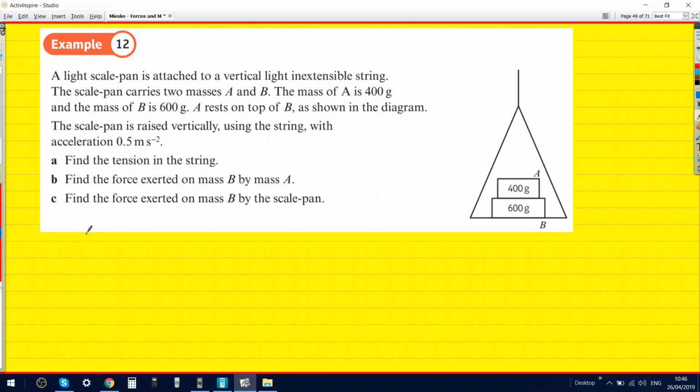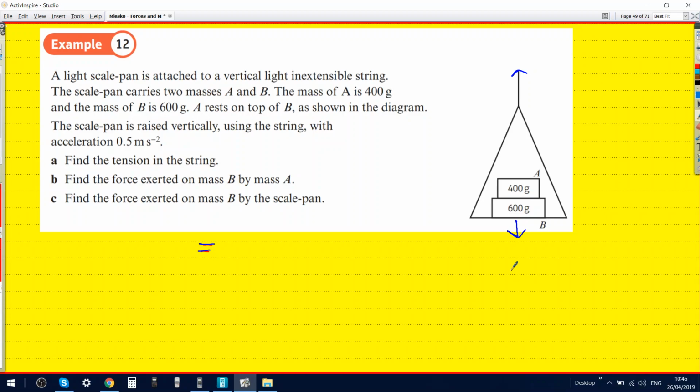No, because that wouldn't be forces. So if it's moving up, what do you know about T and what do you know about weight? They act oppositely.